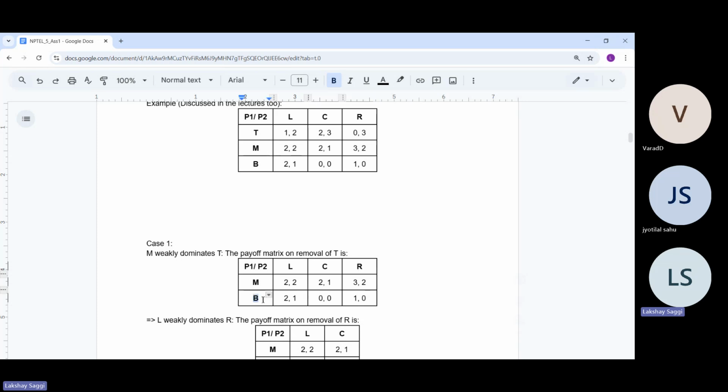But if the row player plays B, then on playing L, the column player gets a payoff of 1. On playing R, the column player gets a payoff of 0.